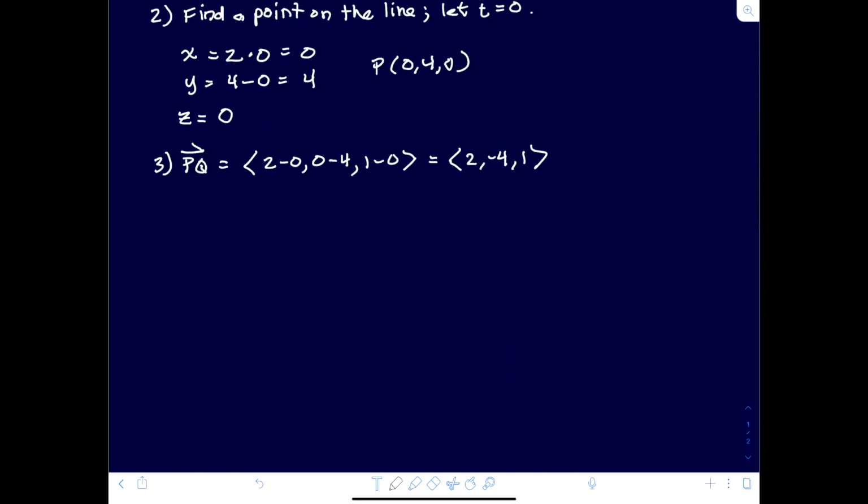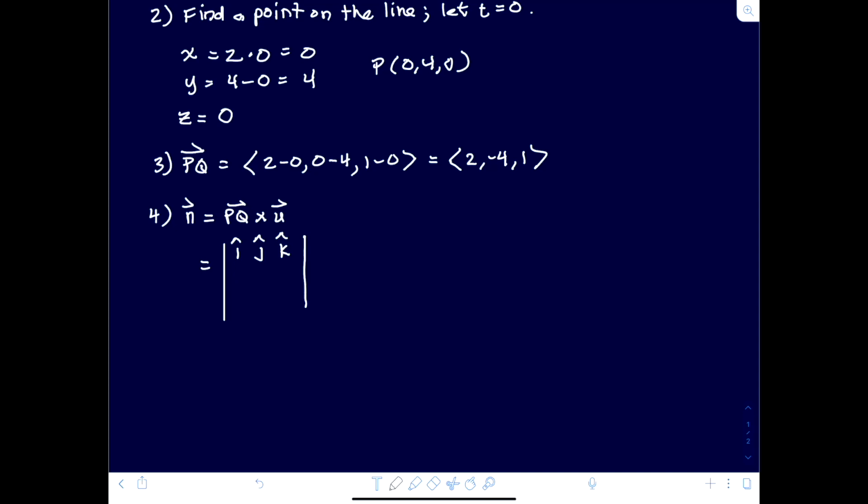And then the fourth step will be to find the vector normal to the plane. So basically that is merely our cross product of PQ and u. And so that will be the determinant of i, j, and k, and then we've got PQ on the next line.